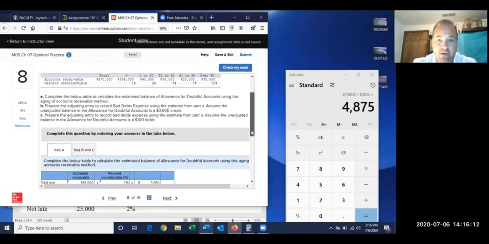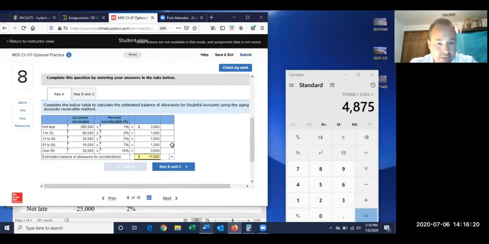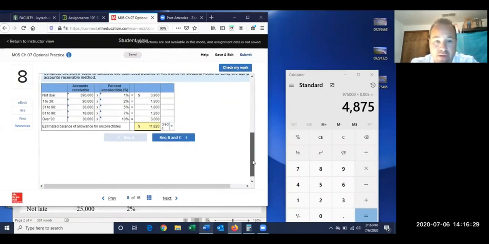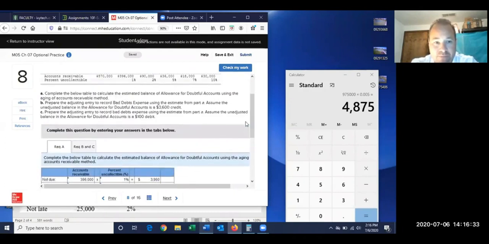And finally, our last 30,000 at 10%. Okay, let's see what this looks like here. What is that balance? That is going to be our credit balance for the allowance for doubtful accounts. All right, so that's where we want to end up, 11,820.